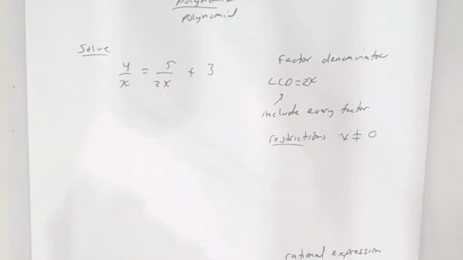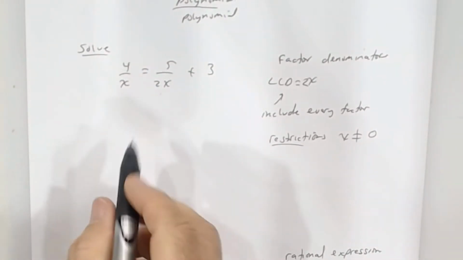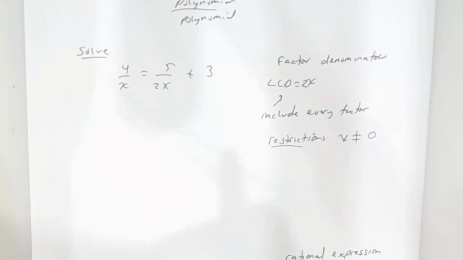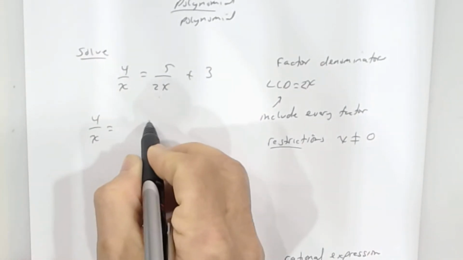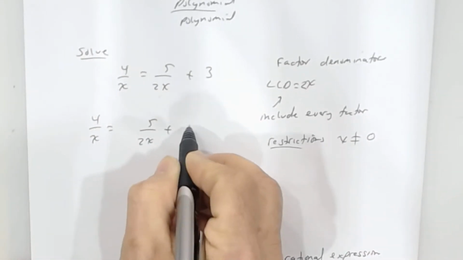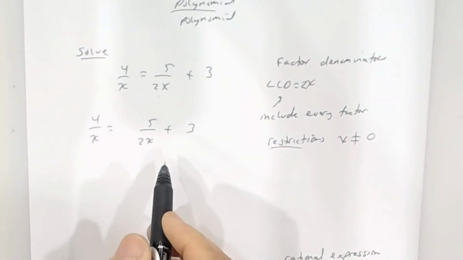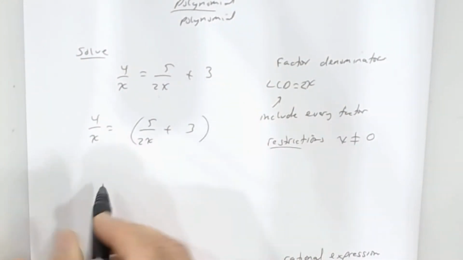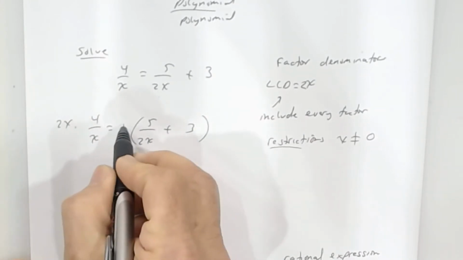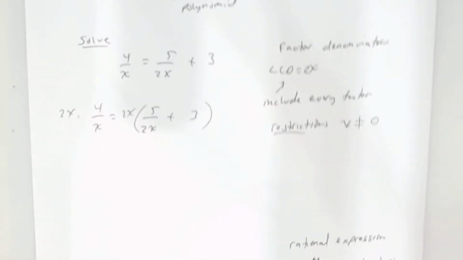So what's the next step? Multiply both sides by 2x. All right, so I'm going to rewrite it over just like this. Am I going to put any of this in parentheses? Which side? The right-hand side. I'm going to say times 2x times 2x, just like this.